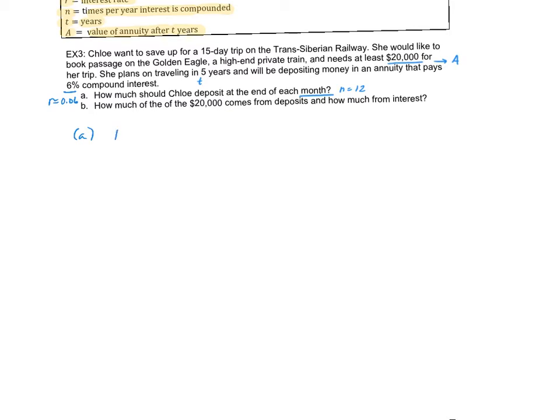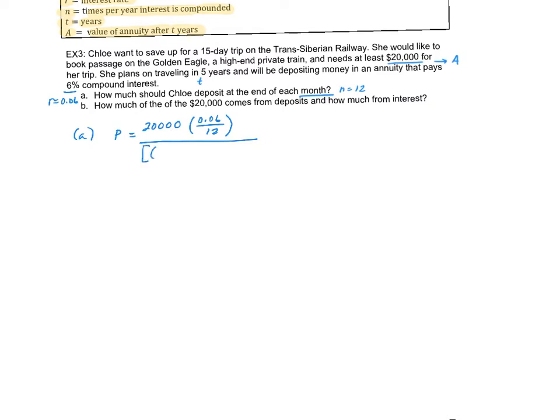Part A, so the amount P that she should put into this account, this annuity, at the end of each month is going to be her A value, which was 20,000, and then times R over N. So R is 0.06 over N. So the bottom's going to be really kind of hideous.